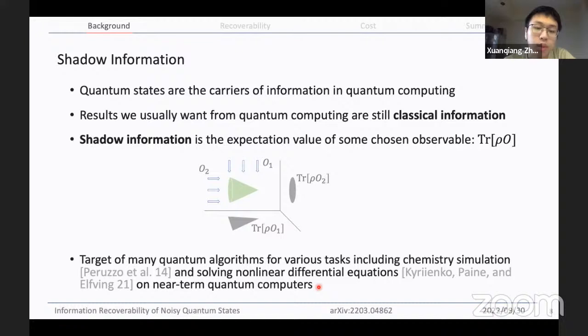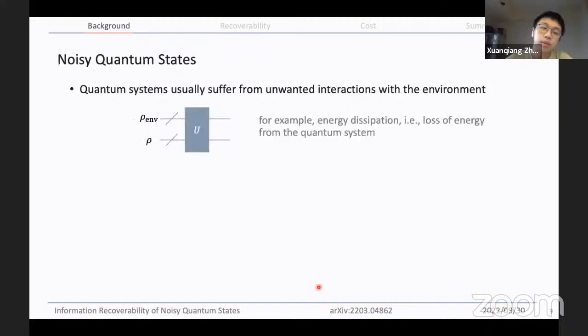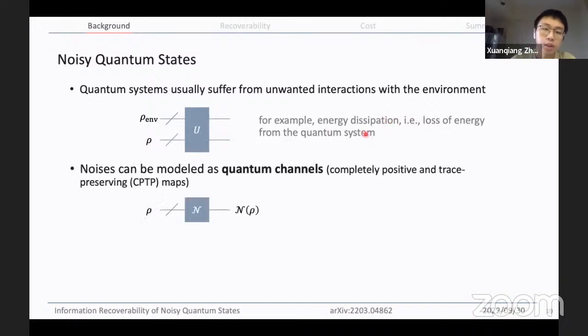The near-term quantum computers are prone to noise. It results from the fact that the quantum system usually suffers from unwanted interactions with the environment. For example, energy could flow from the quantum system to the environment, which is called energy dissipation. Such noises can be modeled as quantum channels, which are completely positive and trace-preserving maps, or just CPTP maps.